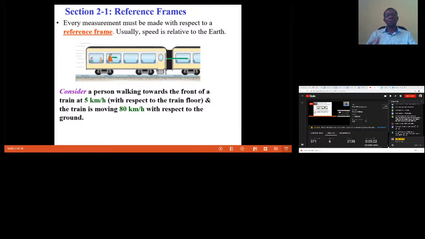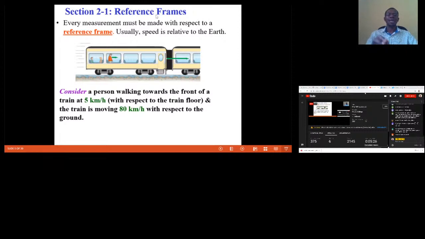So what is the takeaway? The takeaway here is that motion is relative. In particular, speed is relative. It depends on where you are observing that motion. Where you are observing that motion is what is called the frame of reference.